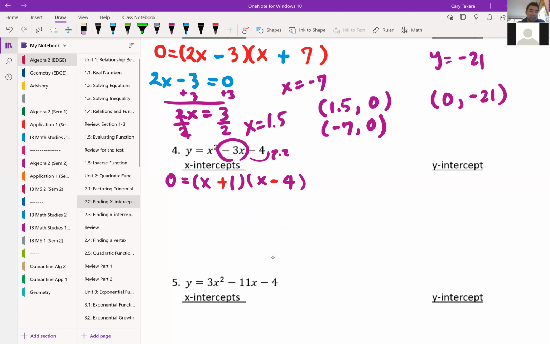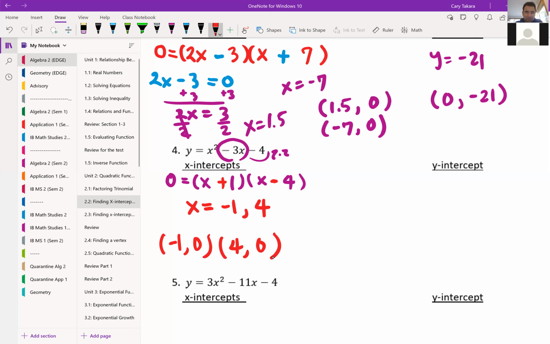So the answer in this case is going to be x equals, it's just the opposite number, okay? It will be -1 and +4. That will be the x-intercept. Or (-1, 0), (4, 0). Okay, so these are x-intercepts.